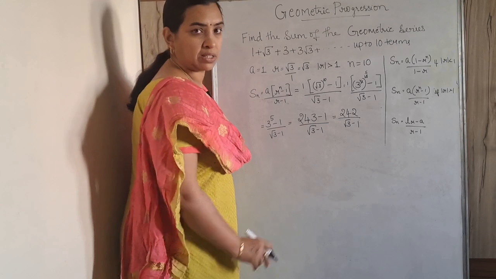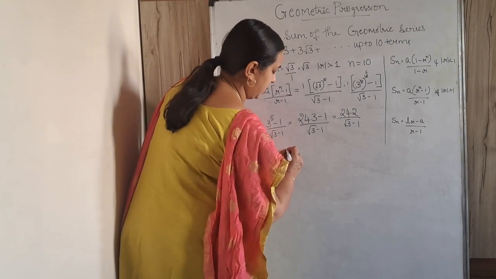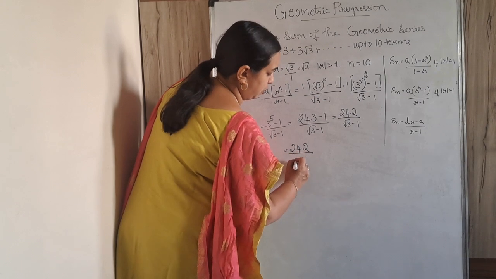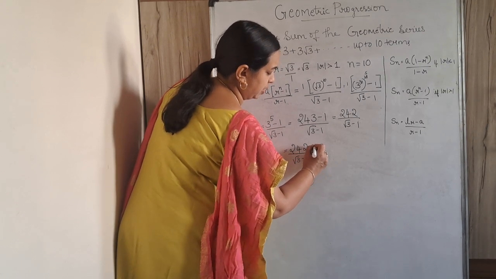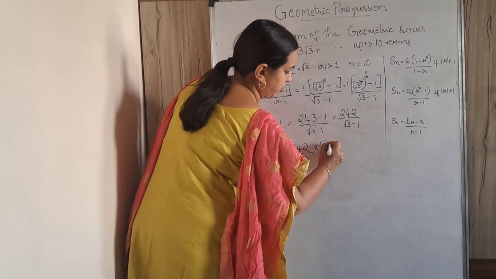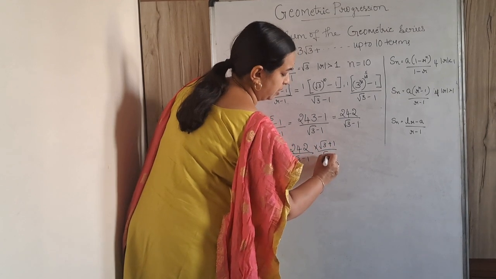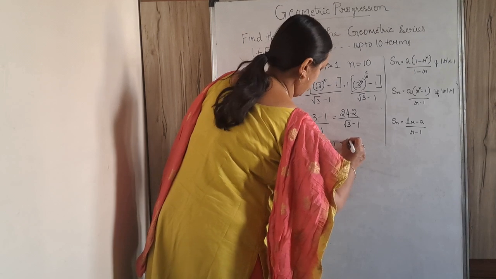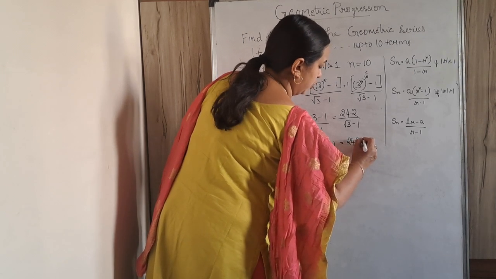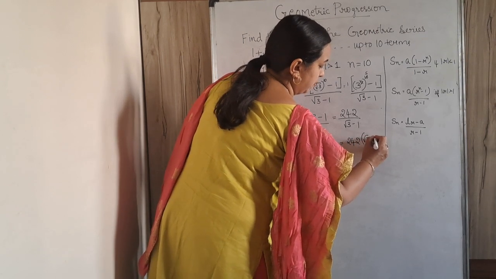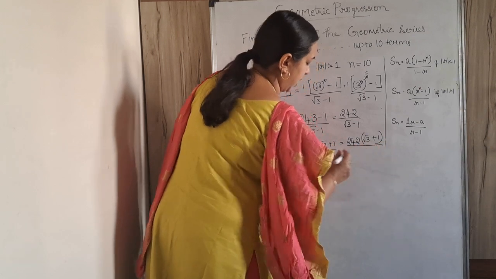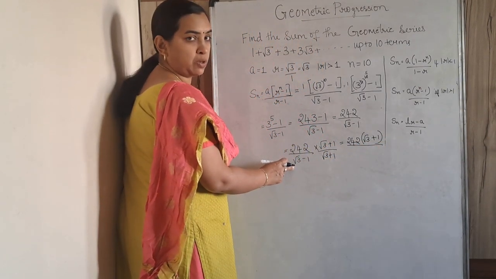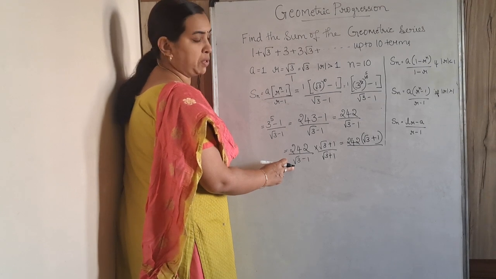Now we need to rationalize this. So this will be 242 by root 3 minus 1 into root 3 plus 1 by root 3 plus 1. So this will be equal to 242 into root 3 plus 1 by, this is of the form a plus b into a minus b. So a square minus b square formula can be used.